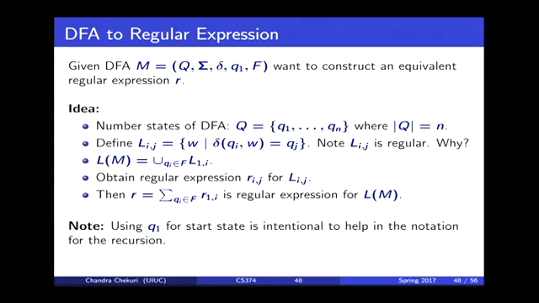So the language accepted by the machine is the union over all the final states of L1i. What is the definition of L1i? The set of all strings which take the machine from the start state 1 to that particular state i. By taking all of those strings, you will get precisely the language accepted by the machine. Agreed? Okay.